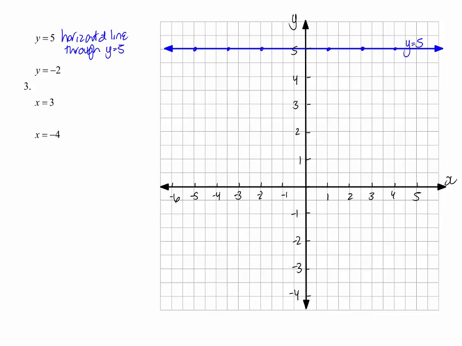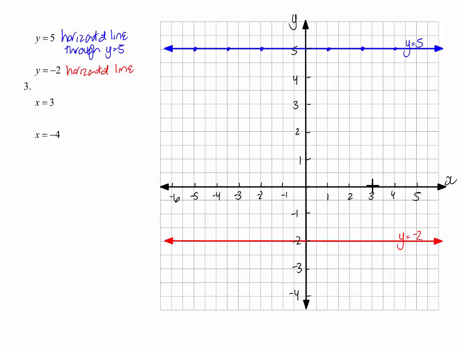Okay, for y equals -2, now it's just a horizontal line, but it's through y equals -2. So everywhere on this line has a y value equal to -2. The only thing that's changing are my x coordinates. Okay, so horizontal line. Now if x equals 3, now I'm turning it into a vertical line because everywhere on that line x has to equal 3.